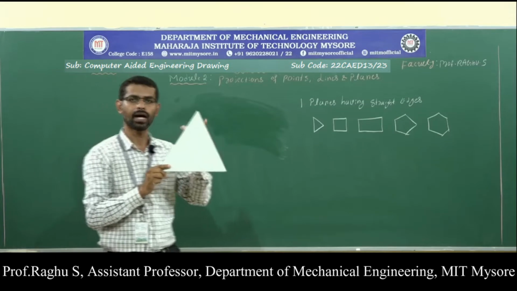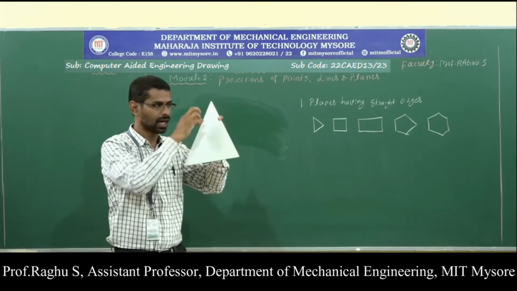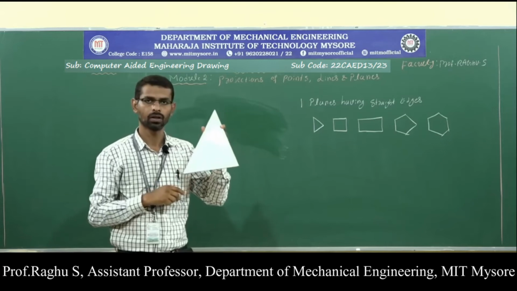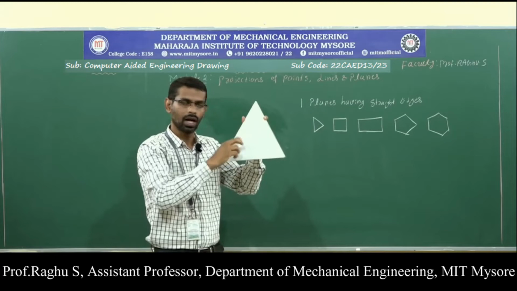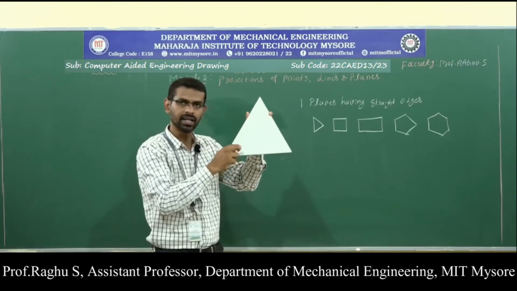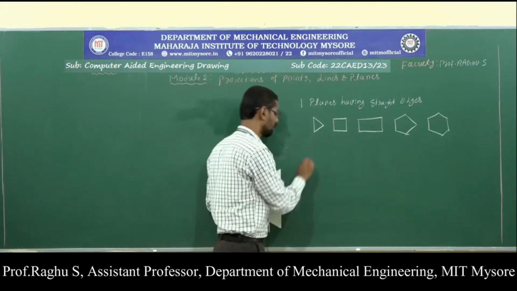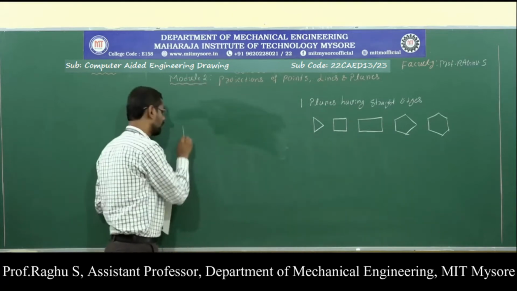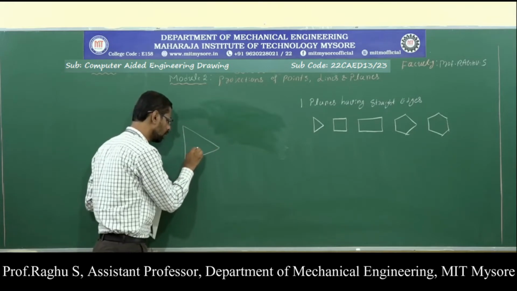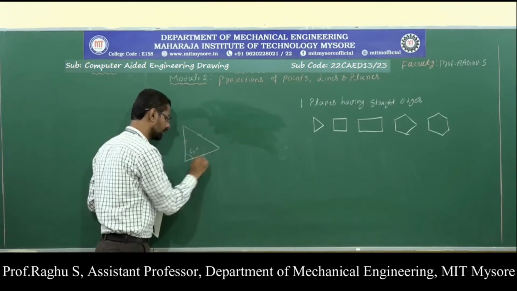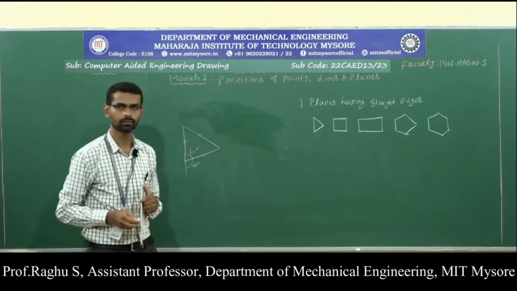An equilateral triangle has 3 equal sides and equal angles. For an equilateral triangular lamina, all sides are equal, the interior angle is 60 degree and the exterior angle is 120 degree.